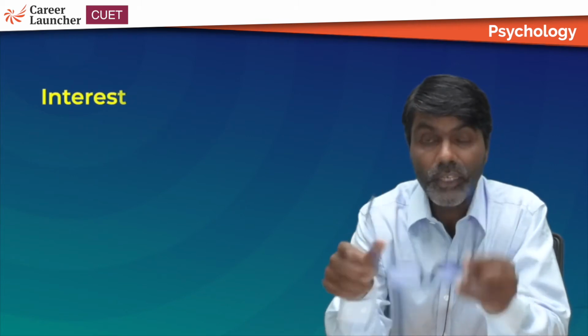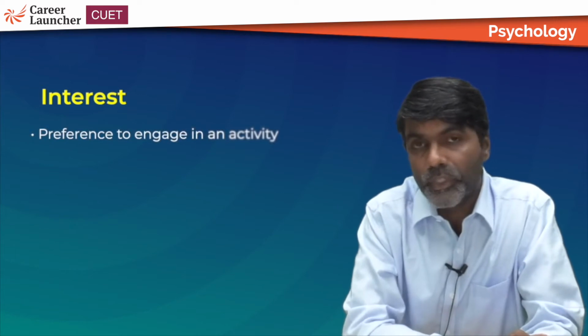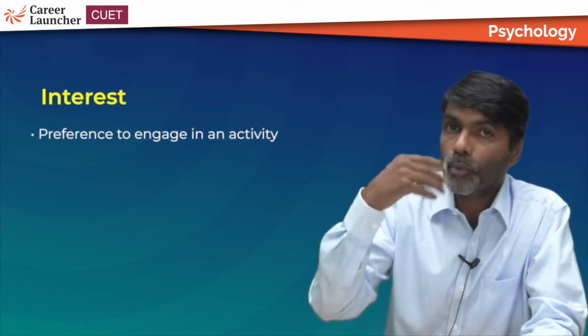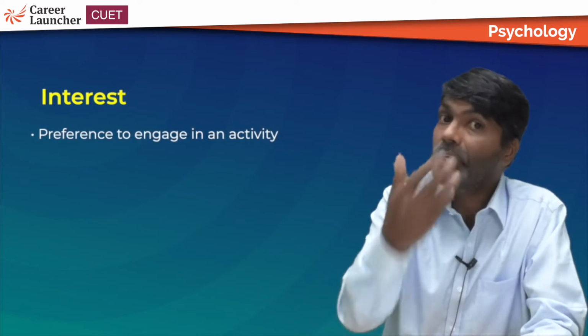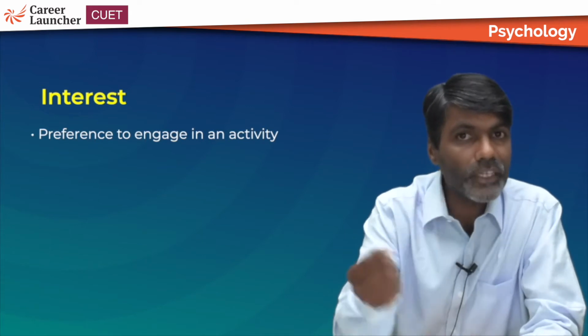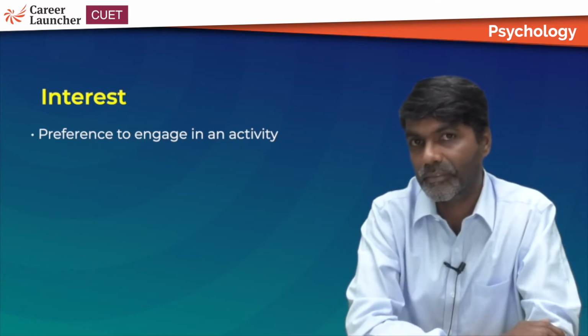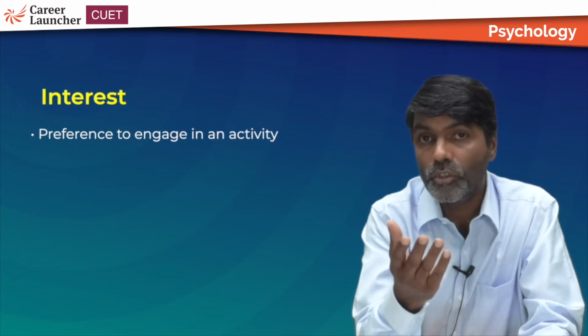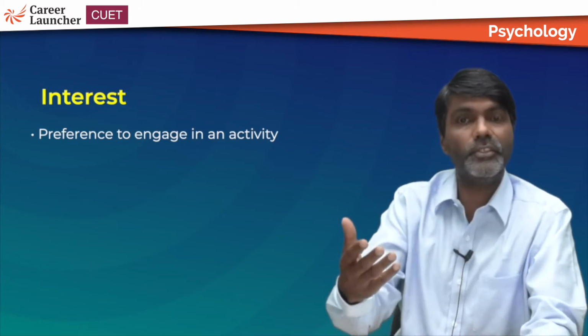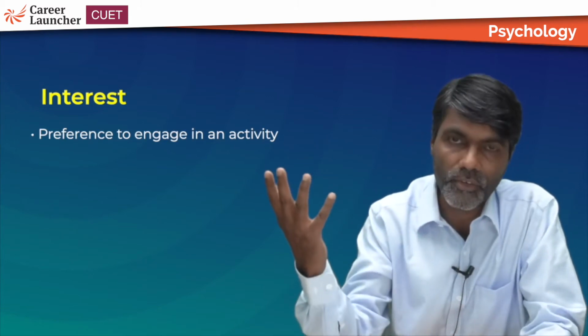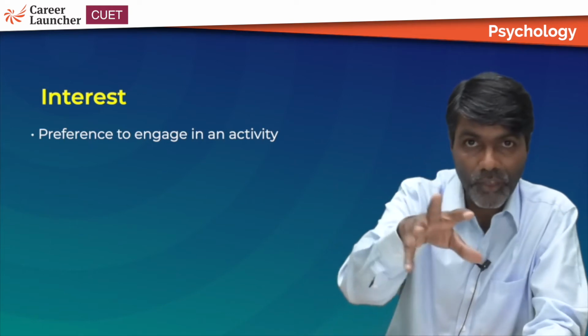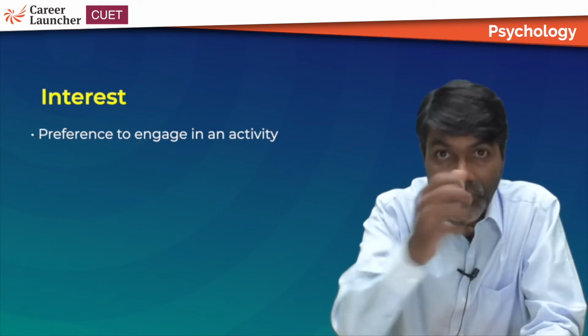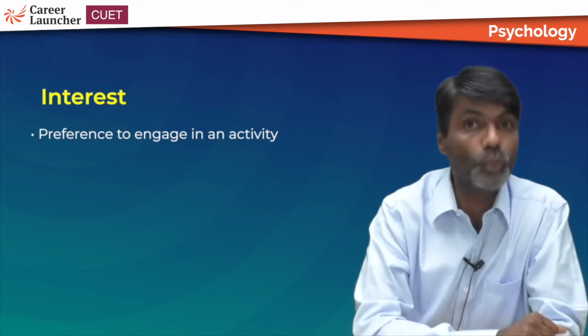Number 3 is interest. Interest is your propensity or your keenness to be involved in a certain kind of activity. As you know, some of you might be very interested in anything which is outdoor, and if I make you sit in front of a computer, you will go crazy.